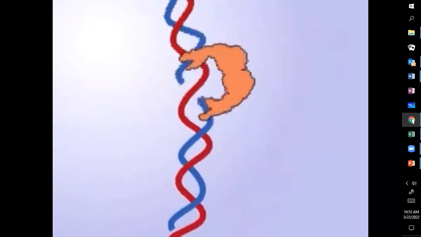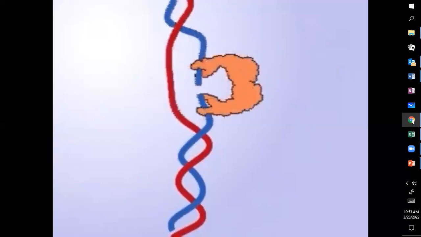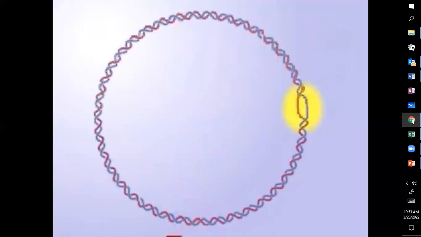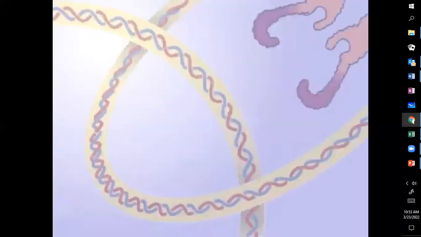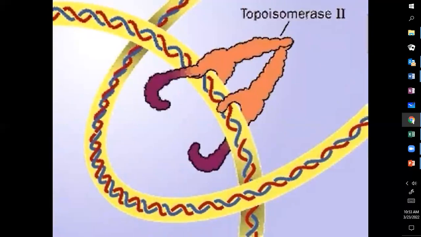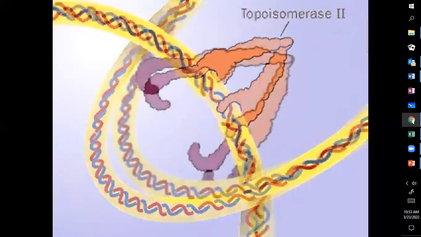Topoisomerase 1 enzymes cut a single strand of the double helix, pass the other strand through the cut, and reseal the break, relaxing the overwound molecule, which now has one fewer twist. Topoisomerase 2 enzymes do the same thing, but with both strands of the double helix.